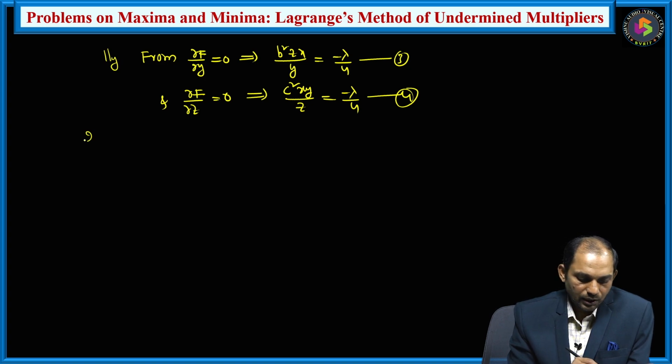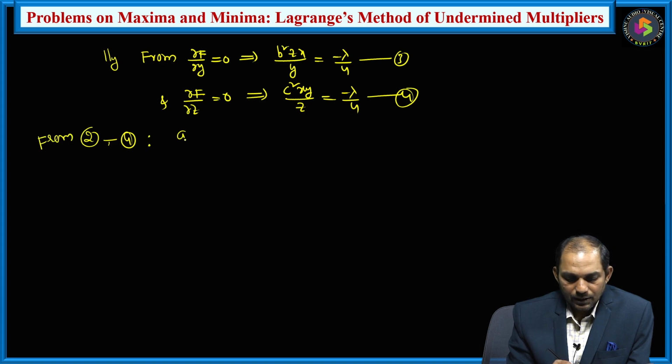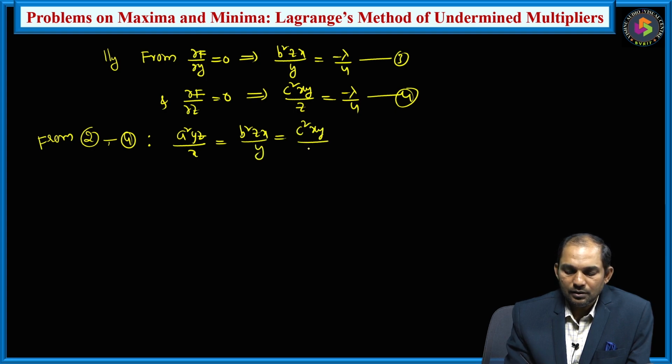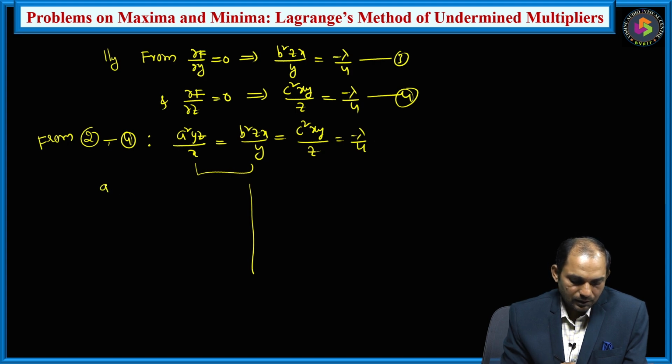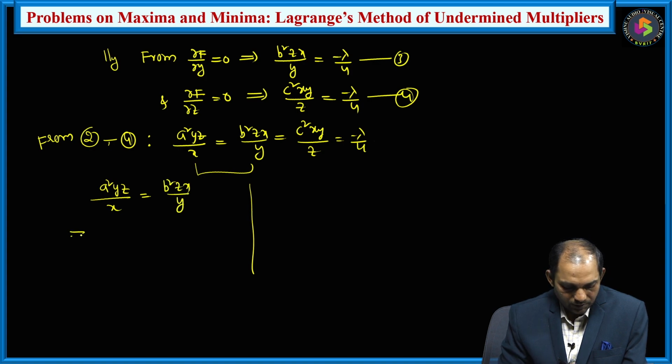So from equations 2 to 4, as the right hand side is the same, a square yz by x is equal to b square zx by y is equal to c square xy by z is equal to minus lambda by 4. From the first two members, a square yz by x is equal to b square zx by y. We cancel z on both sides.